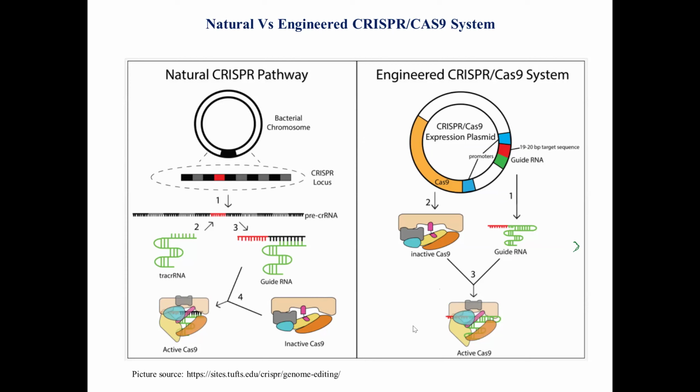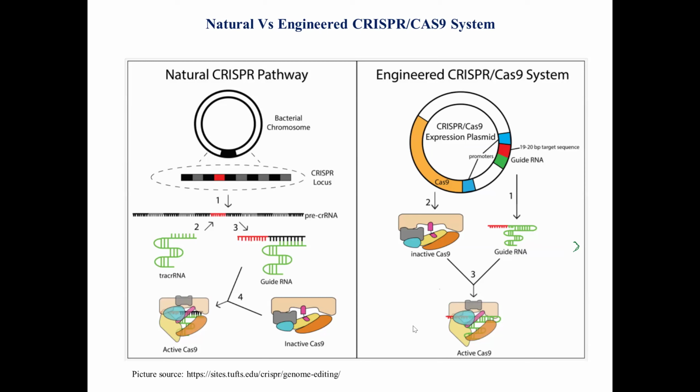But gene delivery is another important thing, and therefore people also use viral-based delivery. The Cas9 and the guide RNA are packaged into viral-compatible vectors, like lentiviral plasmids or AAV.